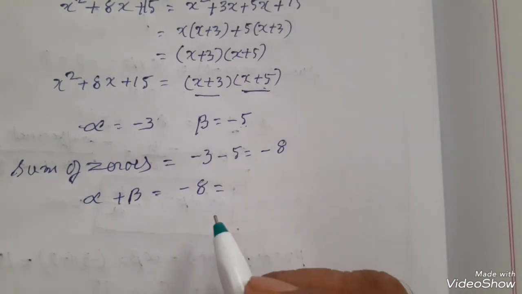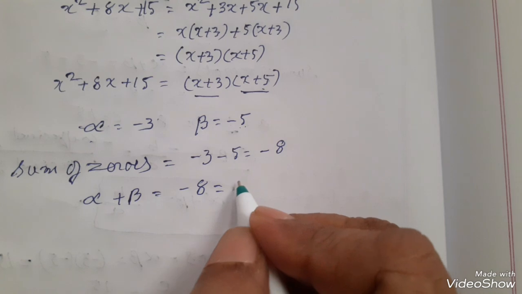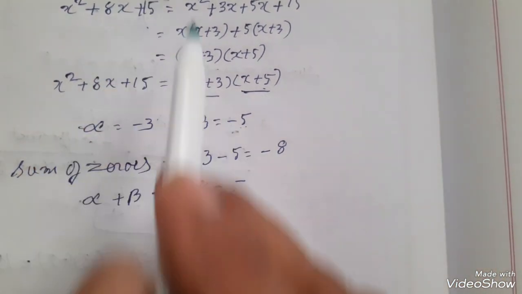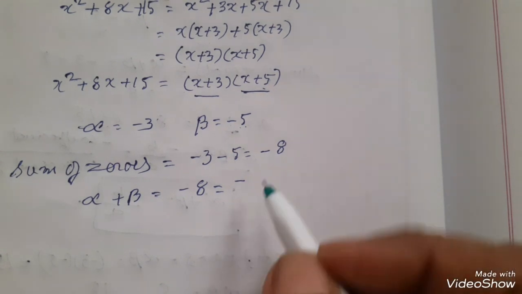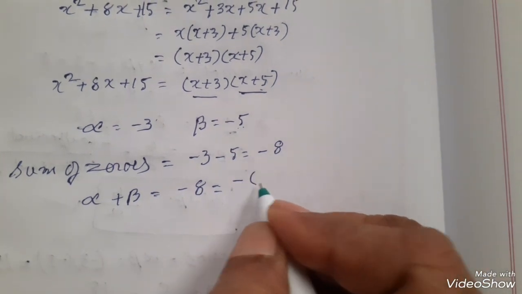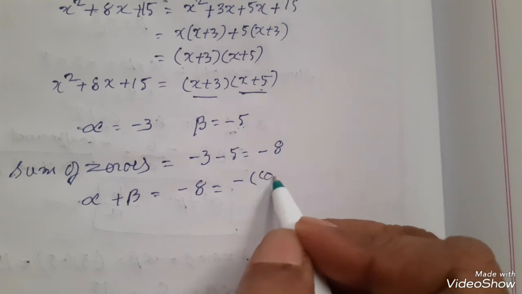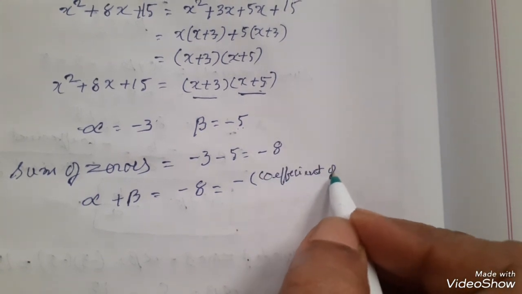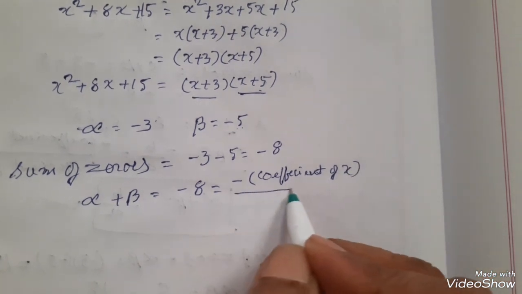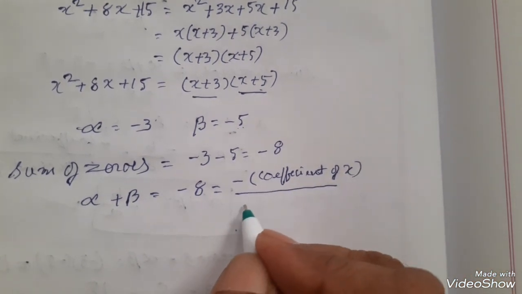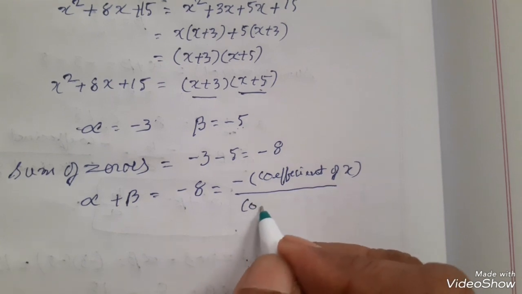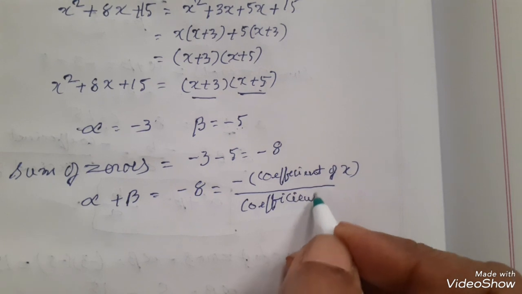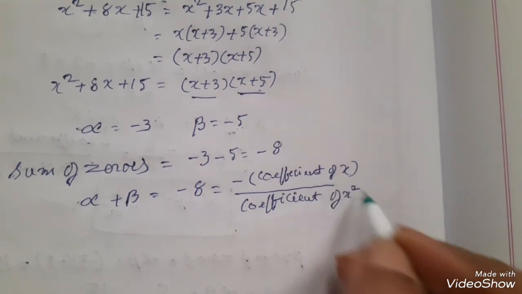The same thing, minus 8, we can also write as minus, what is 8 here? The coefficient of x. So minus of coefficient of x by coefficient of x square.